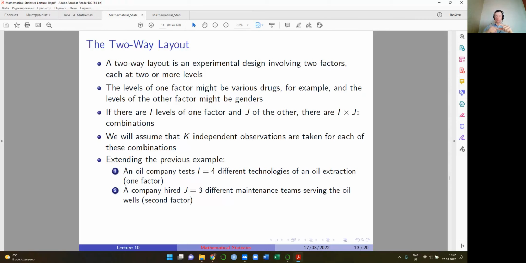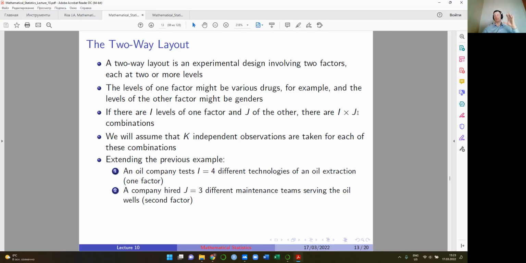And for this well, the other team comes, team number 2. And we record 10 days of oil production of well number 1 serviced by team number 2. Then this team goes, team number 3 comes, and we record the production of well 1 under team 3 for 10 other days. And we do this for all possible combinations, right?